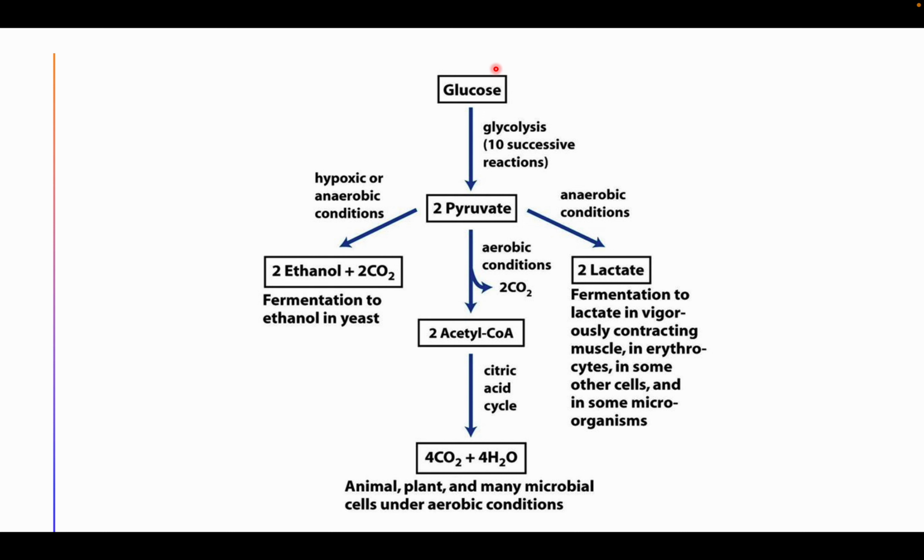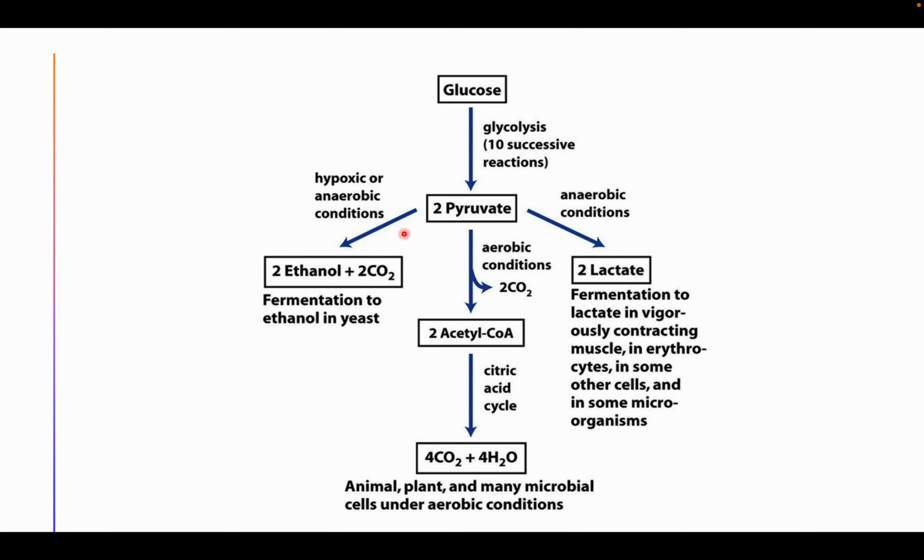So glucose forms 2 molecules of pyruvate, and where can this pyruvate go? If the conditions are aerobic, it can enter the TCA cycle, the citric acid cycle, to form energy and release carbon dioxide. Under anaerobic conditions, like stress and muscle usage, it can form lactate, which can then enter the cycle and release energy.